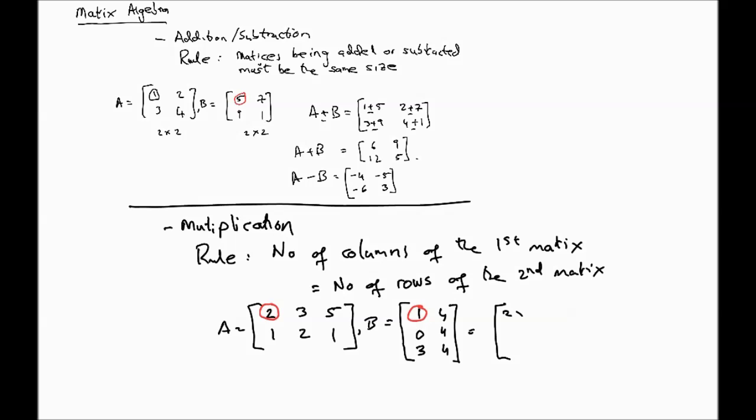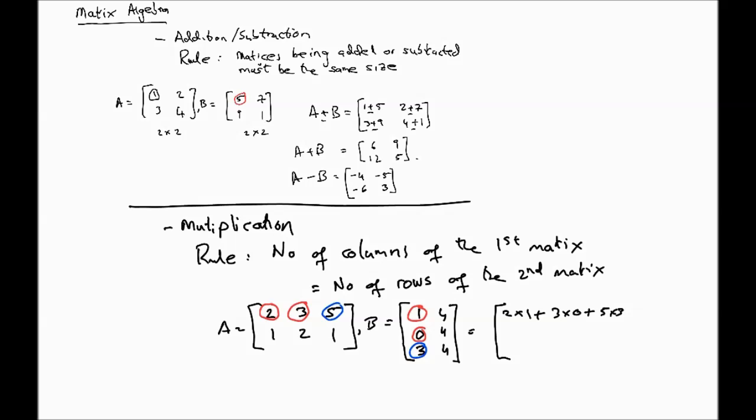So it's 2 times 1. Then we add the second element multiplied by this one. So that will be 3 multiplied by 0, and I'm going to write it down. I know it's 0, but just to demonstrate. And the last one, 5 times 3.